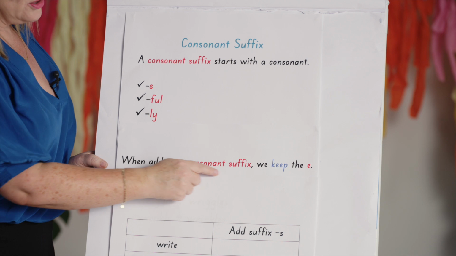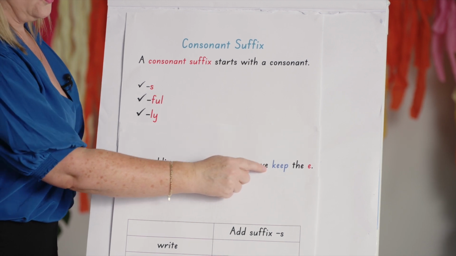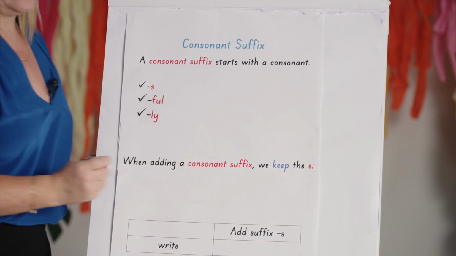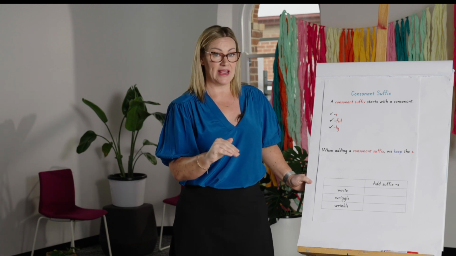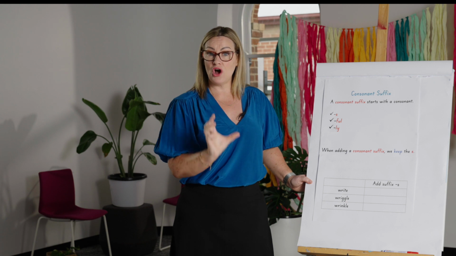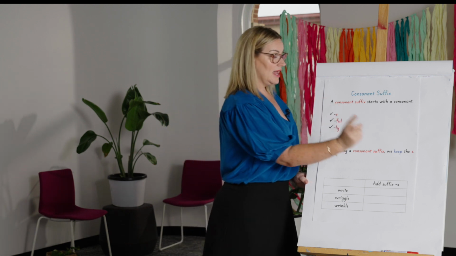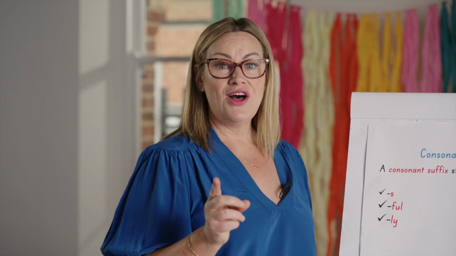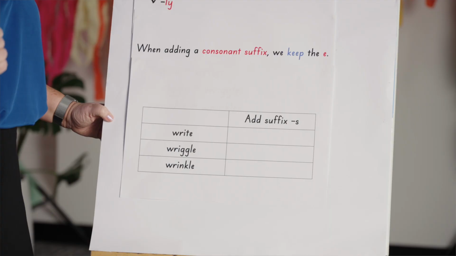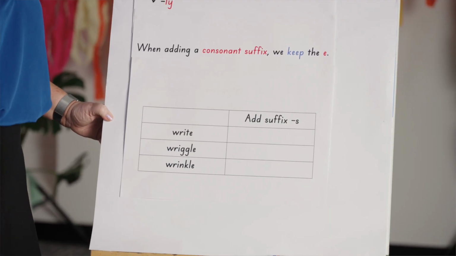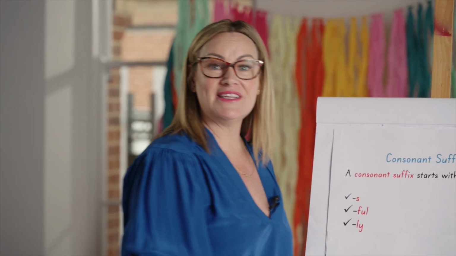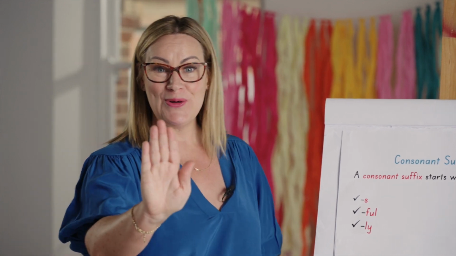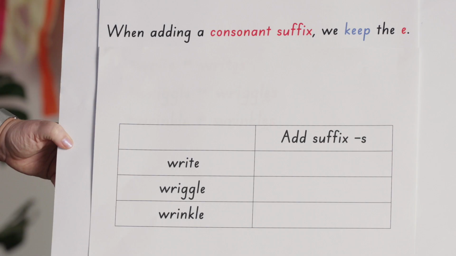When adding a consonant suffix, we keep the E. So we're talking about words that end with the letter E. Okay, I would like you to write these 3 words in your book, and then write the words again, but adding the consonant suffix S. Pause and do that.